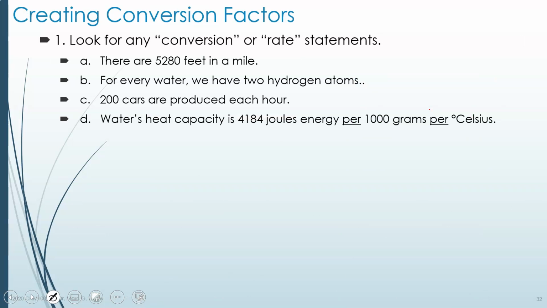Now, conversion factors can be either these exact equivalences of quantity, length to length, time to time, volume to volume, mass to mass, or they can be equivalencies based on rates. For example, if I said 60 miles per hour, we know 60 miles is the amount you've driven in 1 hour.